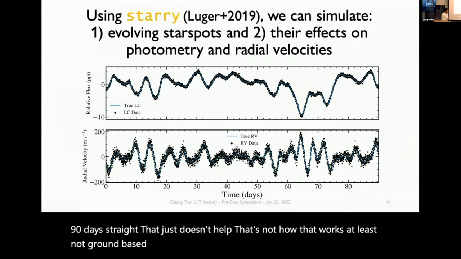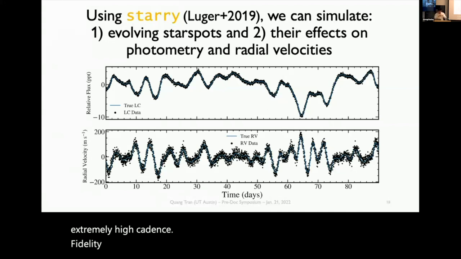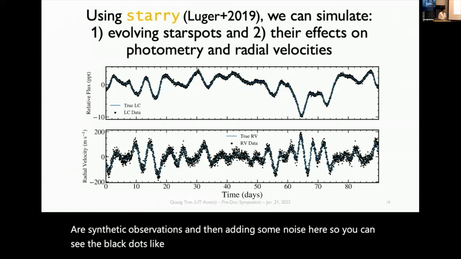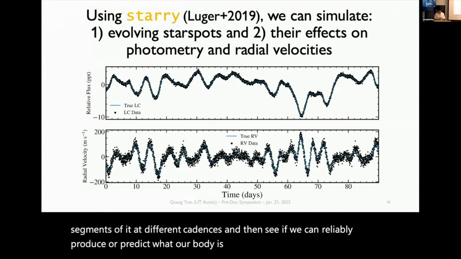But one can dream. Using this extremely high cadence, high fidelity, true synthetic observation, and then adding some noise here so you can see the black dots like that, what we can do is train our model on different segments of it at different cadences, and then see if we can reliably predict what the RV data is actually doing on the back end.